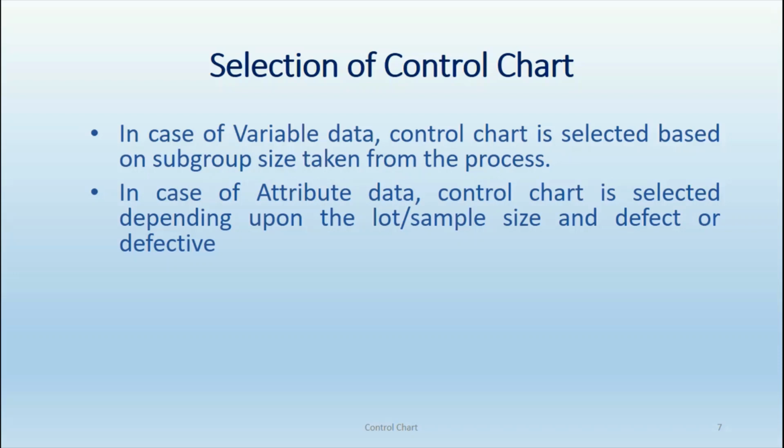Now a lot size may be constant or variable. Let me tell you about the constant lot size. If you are producing 100 products every day and you are collecting 10 products as a sample to check the quality of the lot, then your lot size is constant.